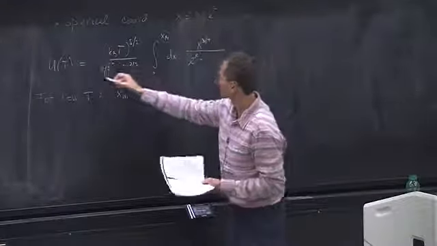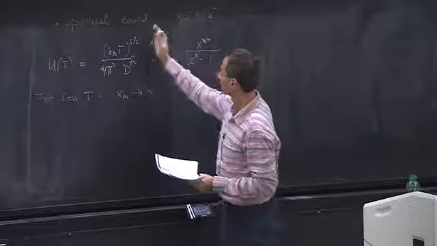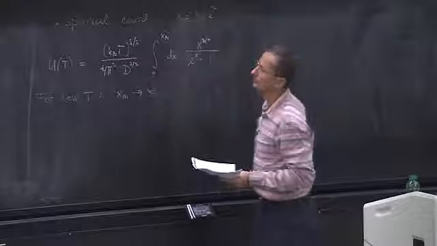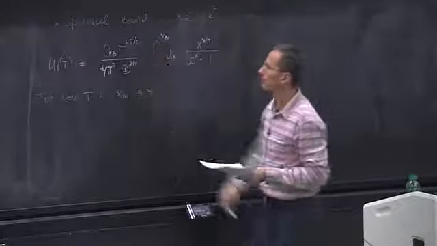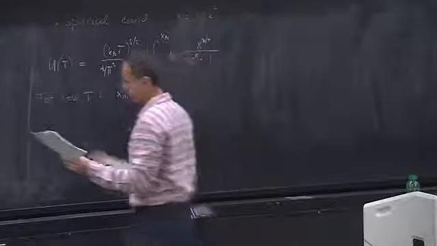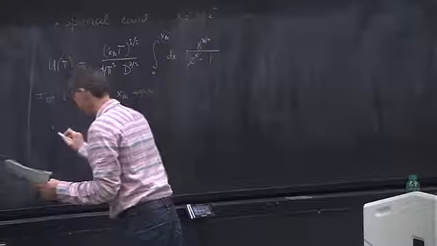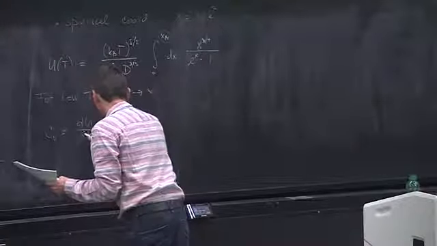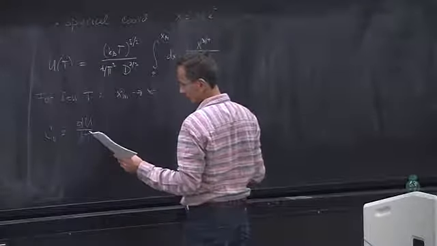But the important part is that the temperature dependence then just comes from this prefactor here. So the internal energy goes as T to the power 5/2. And from this, we can read off the specific heat at constant volume, which is just dU/dT in this limit of low temperature.